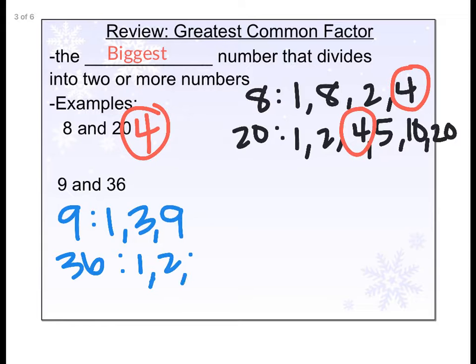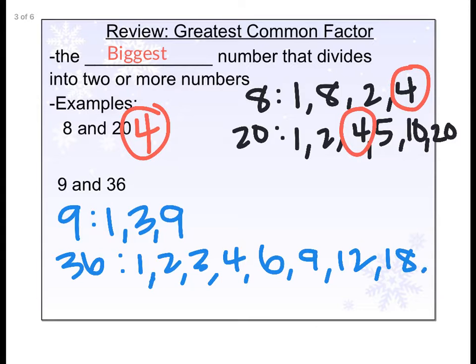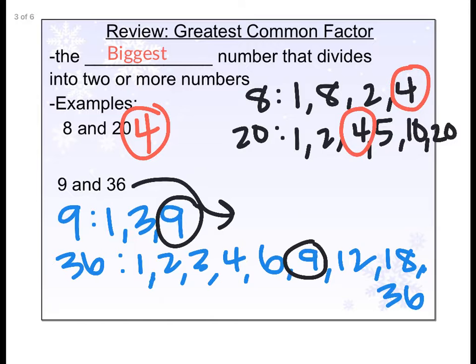So 1 does, 2 does, 3, 4, 5 does not, 6 does, 7 and 8 don't, so we're just walking through this process. 10 wouldn't, 11 wouldn't, 12 does. Keep going, 18 would be our next one, and then 36. And you can use a calculator to help with these if you want. In this case, the biggest thing that is shared by both would be 9. So my GCF of 9 and 36 is 9.